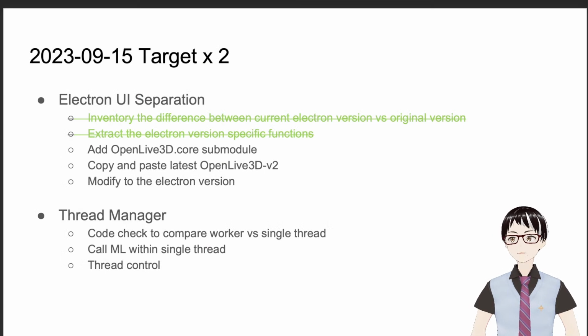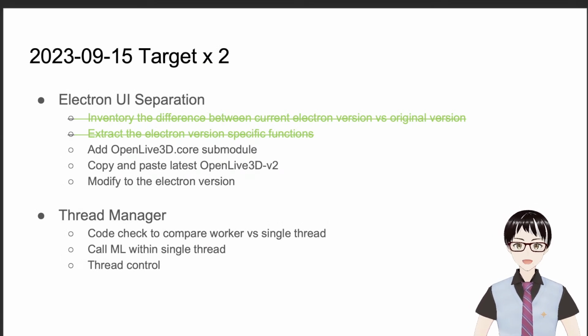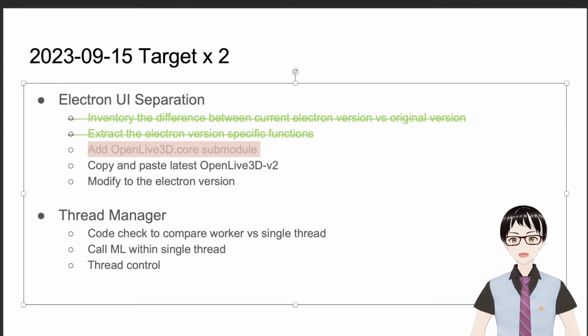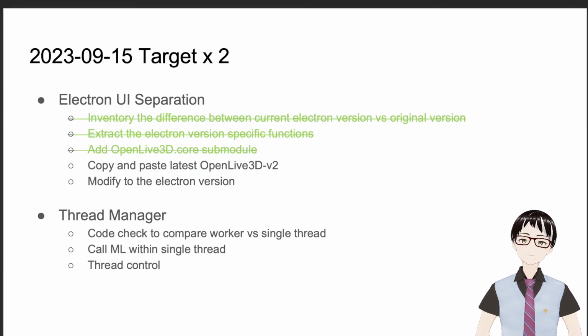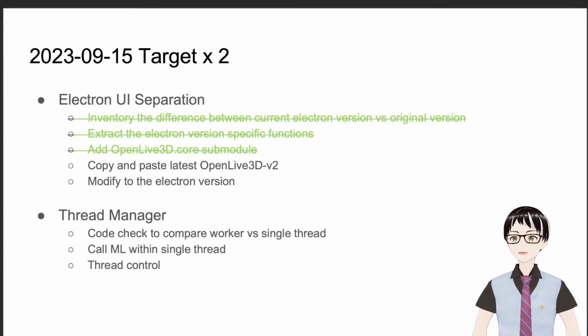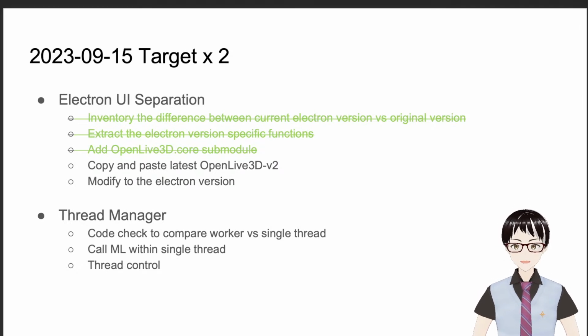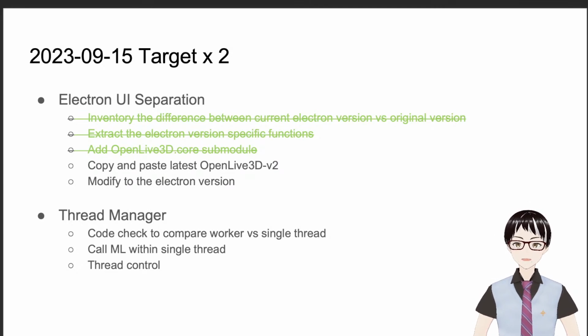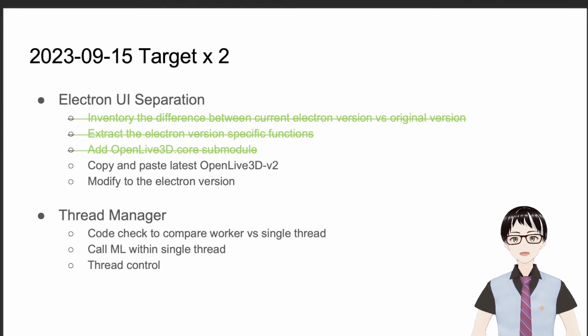We go back to the PowerPoint, and we are clearing the third item. Now it is a copy and paste from the latest OpenLive3D v2, and let us do it. Let's do it just within the folder itself, without actually using git to do it.